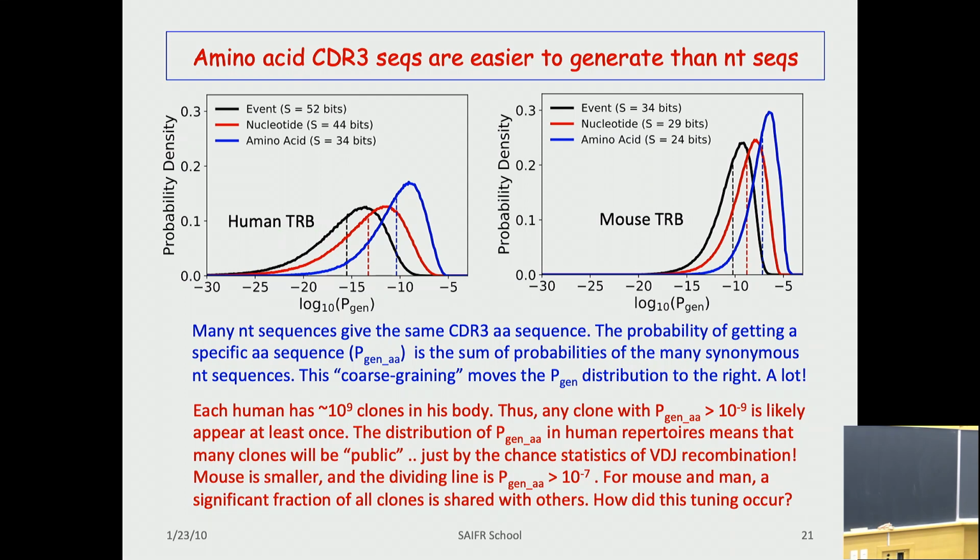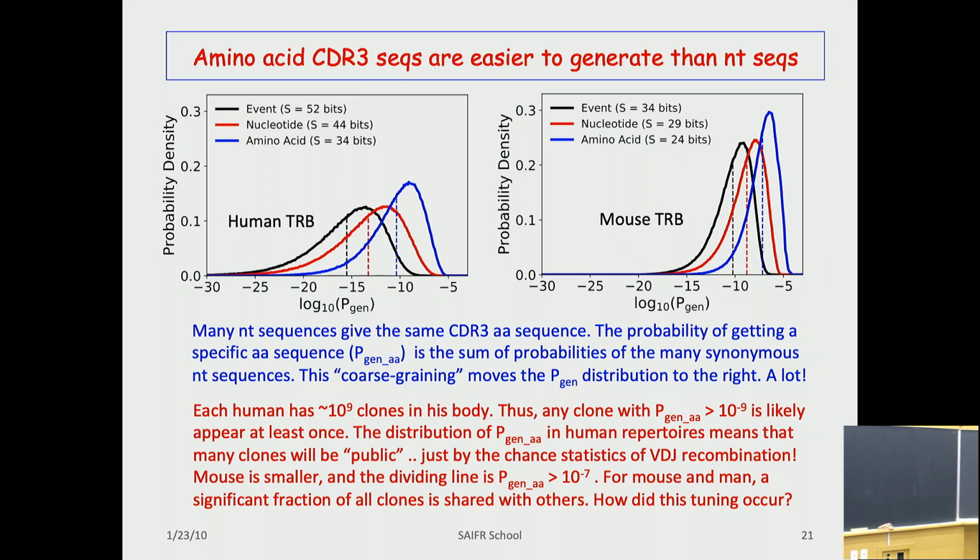So estimates of how many clones, how many different sequences you have in your body, is about 10 to the 9. Thus, any clone whose generative probability is greater than 10 to the minus 9, now we're talking about humans, is pretty likely to appear at least once. I can turn this into a precise probability statement, but roughly speaking, 1 over the number of clones in your body is the borderline between everybody in the human race is going to have one of these, and very few people in the human race.